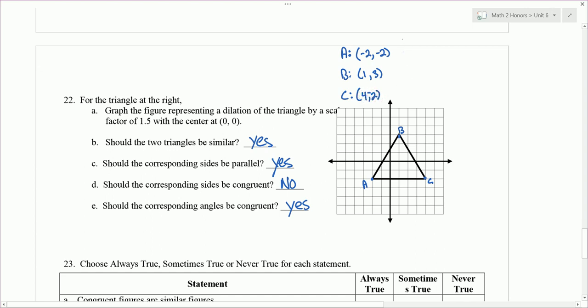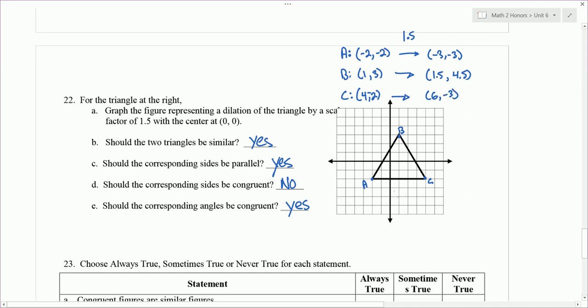And so now, by a scale factor of 1.5, we're going to multiply these numbers by 1.5. So 2 times 1.5 is 3, so this is negative 3, negative 3. 1 times 1.5 is 1.5. 3 times 1.5 is 4.5. 4 times 1.5 is 6, and negative 3.